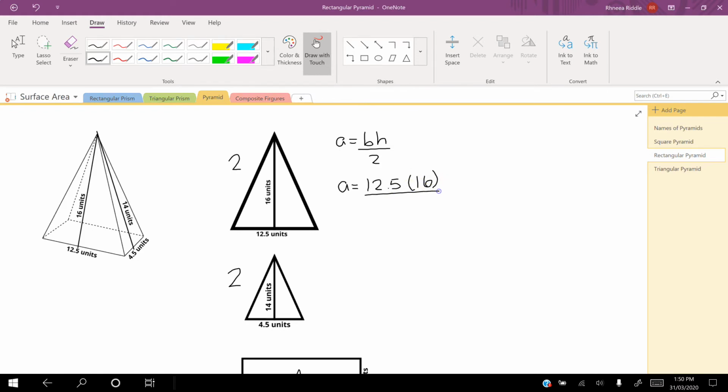We're going to divide those by 2. So we're going to go ahead and multiply the top. So 12.5 times 16 is going to give us 200. And we have that denominator of 2 still. So we can go ahead and divide 200 by 2, and we're going to get 100 units squared.